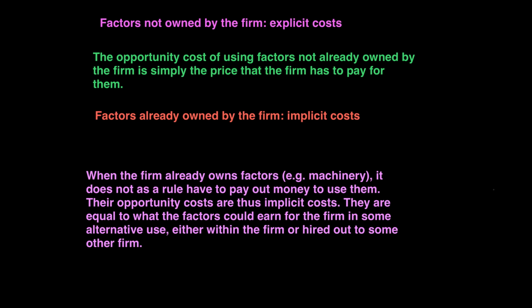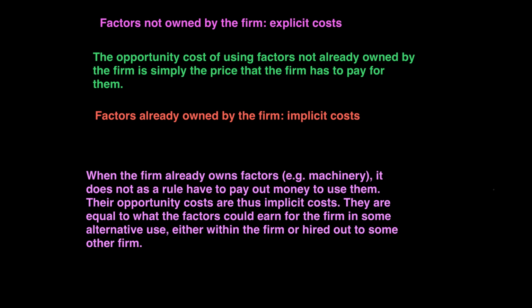So because the money has changed hand from one person to another, it can be accounted for, and that's why it's an explicit payment. But if I own a factor of production, then I don't really make that explicit payment because I don't need to, because I own that factor of production. But do I incur a cost? And the answer is yes, we incur what we call an opportunity cost, because we could have given this to somebody else and gotten ourselves rent, or we could have used it for an alternative use, which means there is still some money foregone.